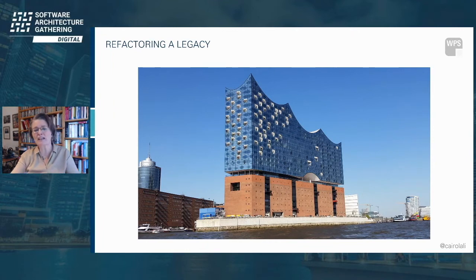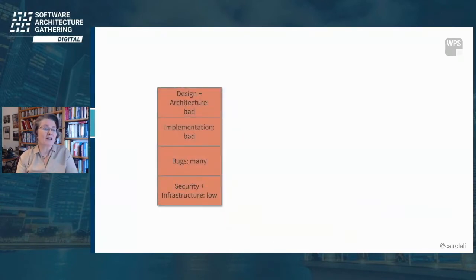And in software, we can improve in small steps where you always keep a runnable software. Let's have a look at these steps that I normally propose to my clients with their legacy. Legacy code has many problems, such as bad design and architecture, bad implementation, many bugs, and very often also a low security level because libraries have not been updated for years.